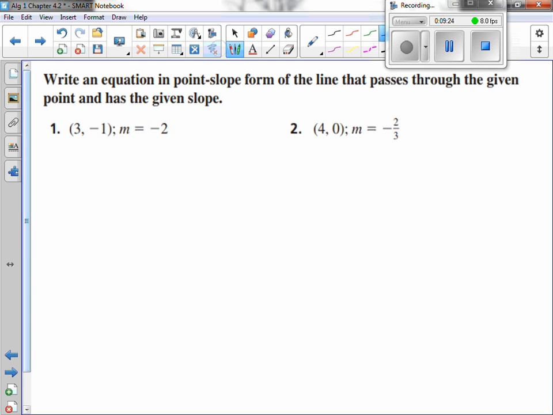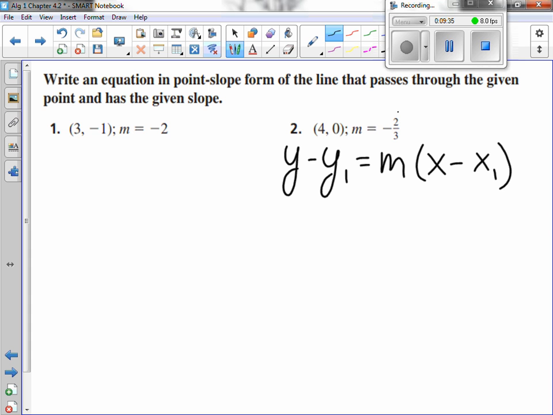All right. Let's look at one more and then we'll move on. So looking at this here, what is the slope? Negative 2/3, because that's what they told us.